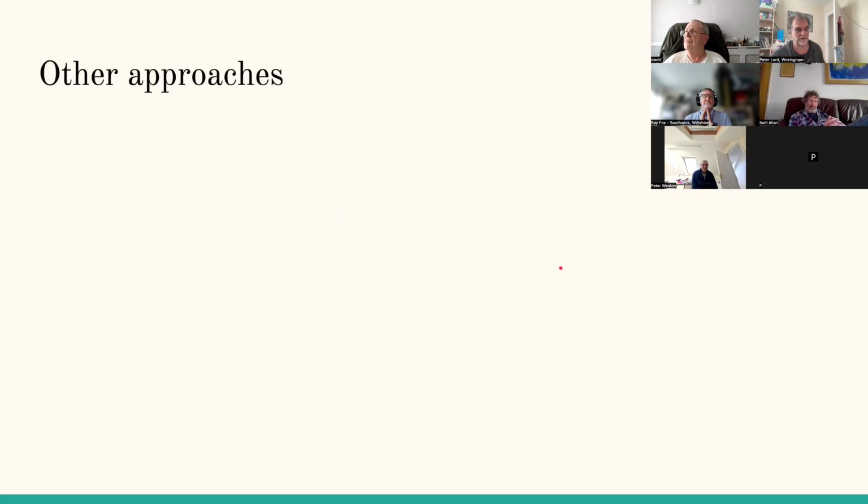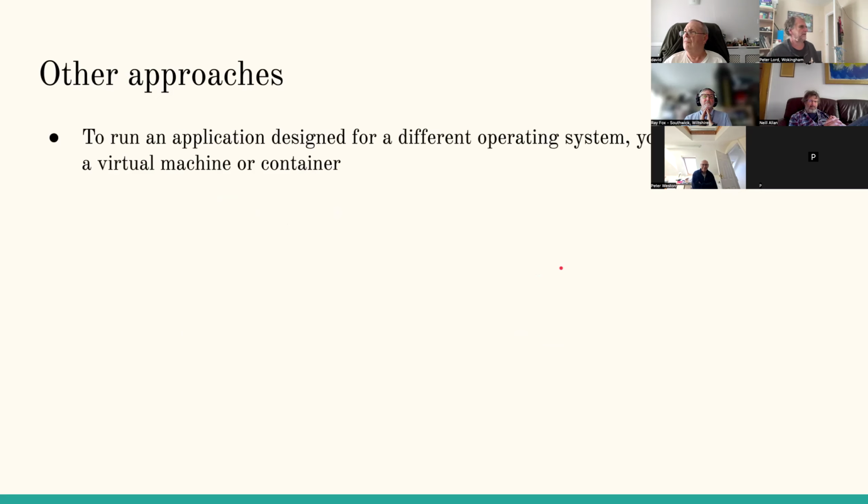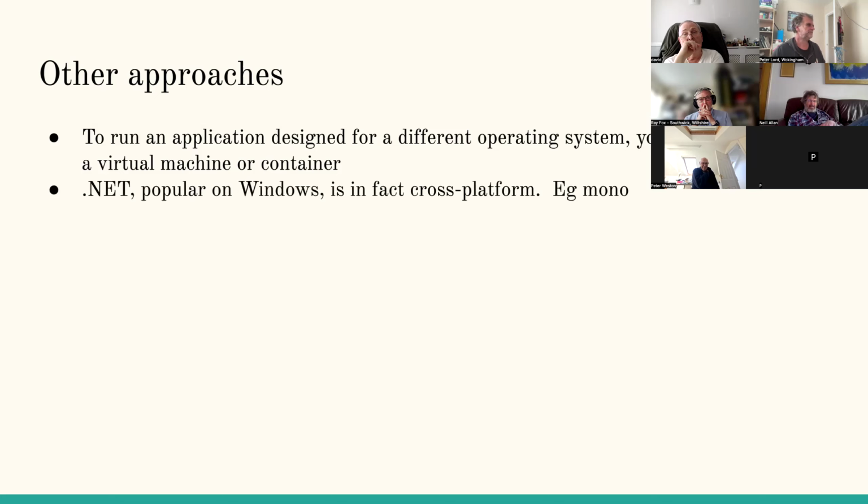Now, there are also other approaches. If all you're trying to do is run an application designed for a different operating system, you don't always have to run a virtual machine or a container. There are some other options available to you.